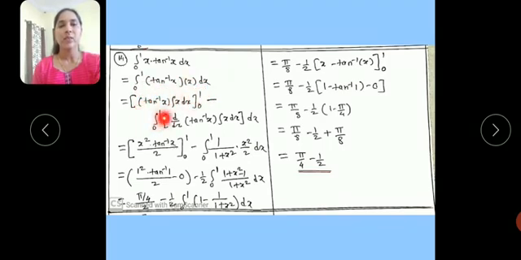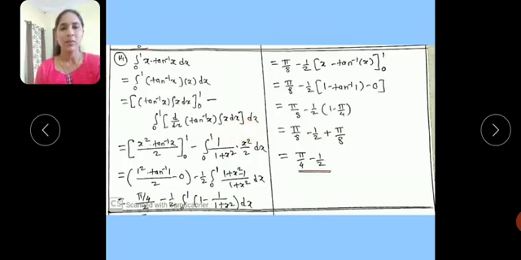This is equal to, here u means tan inverse x as it is, integration of x dx from 0 to 1, minus integration from 0 to 1 of d upon dx of tan inverse x into integration of x dx.